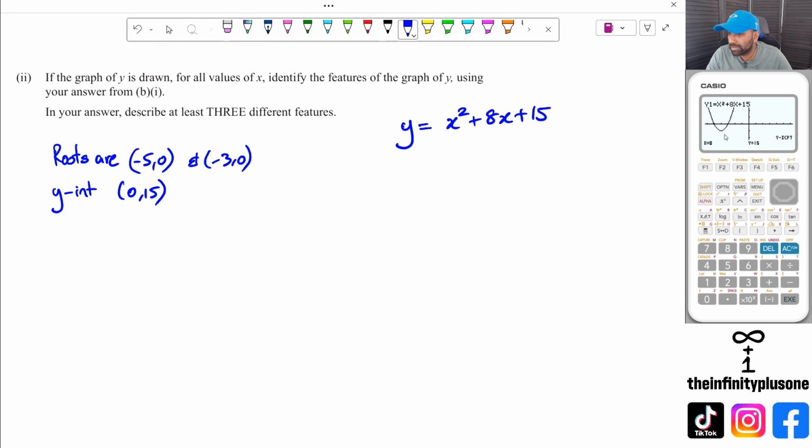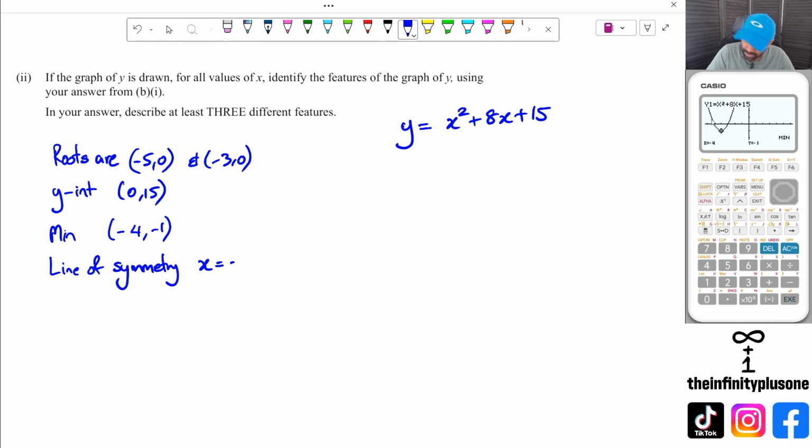We can also look at the minimum value here. So we can go to gsolve and click on minimum. So minimum value at -4, -1. We also can see that the line is symmetrical when x equals -4. So we can say line of symmetry at x equals -4.